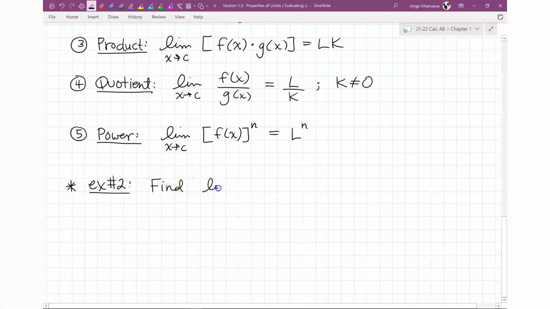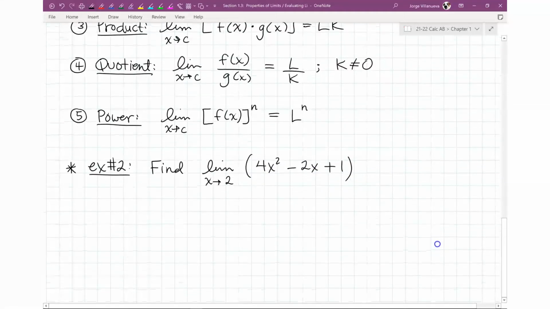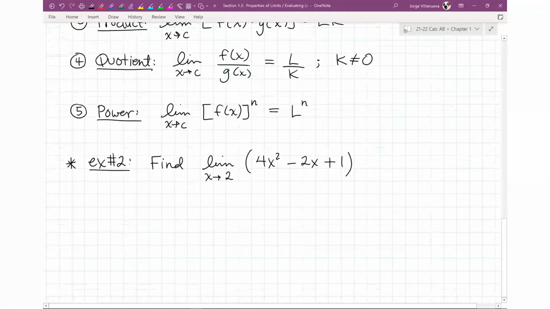Okay, so find the limit as x goes to 2 of 4x squared minus 2x plus 1. So when you do a problem like this, you are supposed to break it down, right?